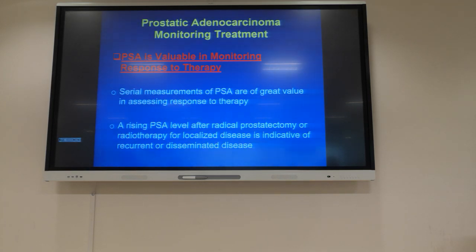All right, so PSA is valuable in monitoring response to therapy. We already have talked about this. This is the best use of the PSA, if you think about it. And serial measurement. Another drawback I can tell you is, what's the value of testing a patient at one point in time?